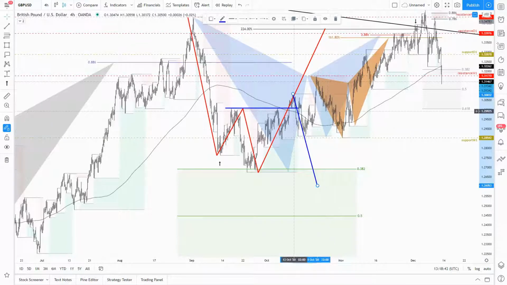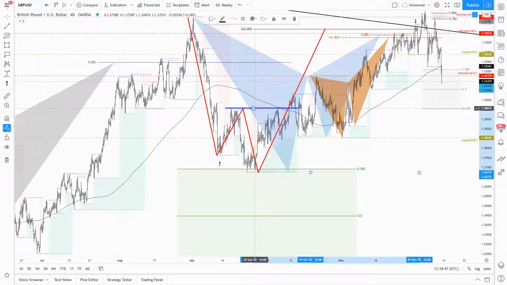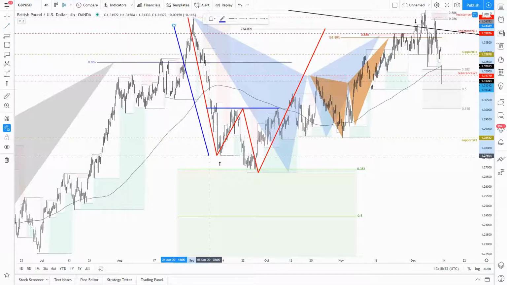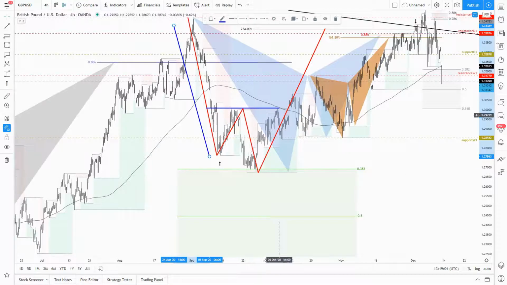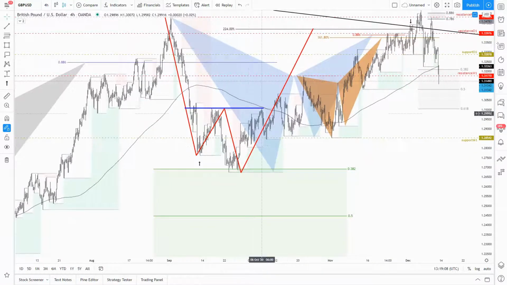So if the market recovers above these previous structure highs, because we have a clear swing here, there is nothing to search for. There's a clear first swing, a bounce, and then a new bounce, a new low to that Fibonacci retracement level.